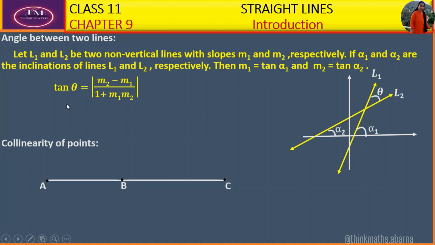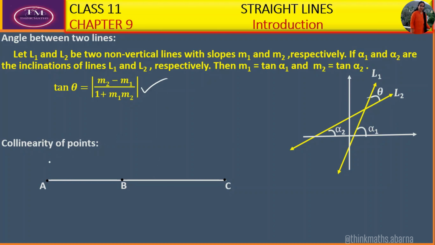If we find this, then we can find out the angle between L1 and L2 using this formula: tan theta is equal to modulus of m2 minus m1 divided by 1 plus m1 m2. Okay. So with this, you can find out the angle between two lines, theta. Clear? So this formula you have to remember.